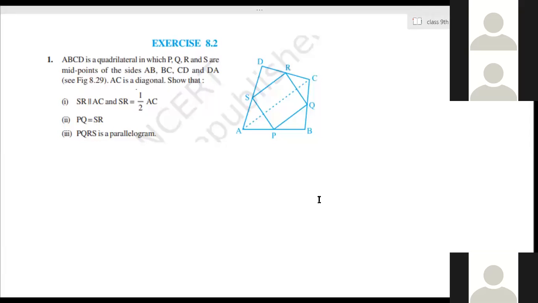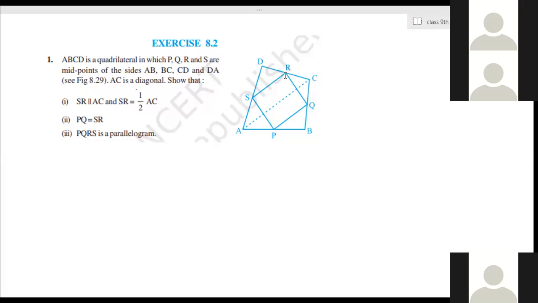Everyone listen now, who don't know. In a triangle, if a line is drawn which intersects one side at its midpoint, that means here, if you take triangle ADC, if we know that S is the midpoint of one side and SR is parallel to AC, then we can directly tell that R is the midpoint of DC.